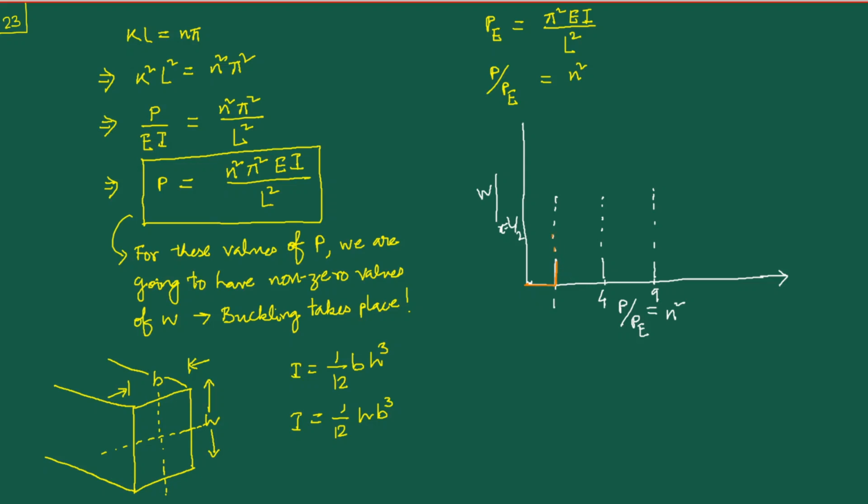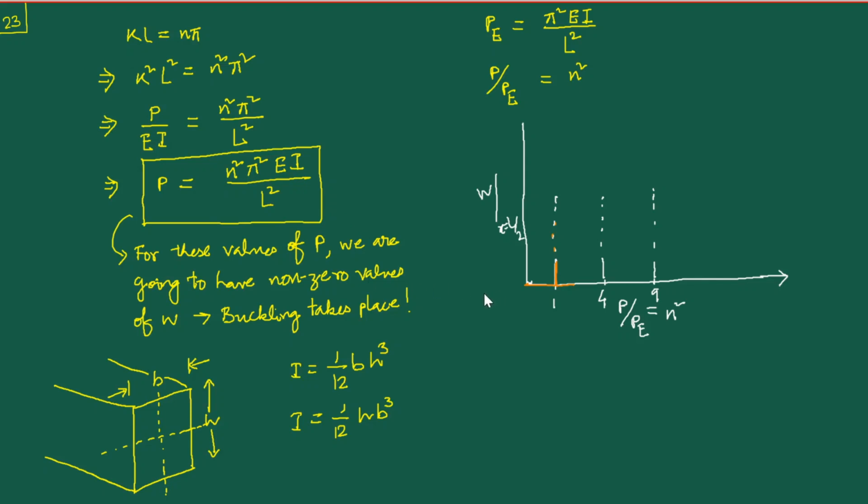And then the moment you make n slightly larger than 1, this theory is predicting that the buckling will not occur. Suppose you apply a load which is larger than pi square EI by L square but smaller than 4 pi square EI by L square, then this theory is predicting that it is not going to buckle.